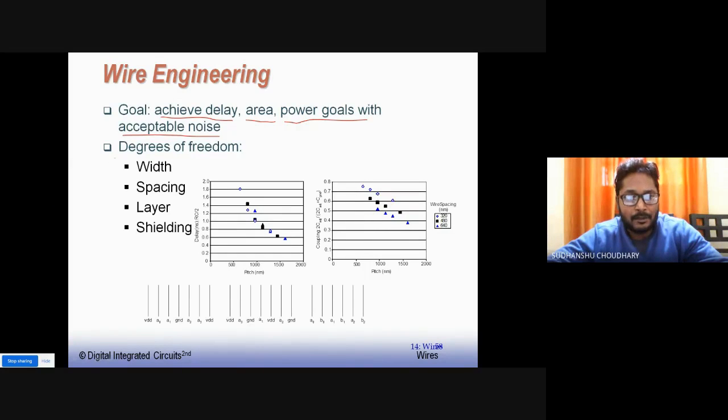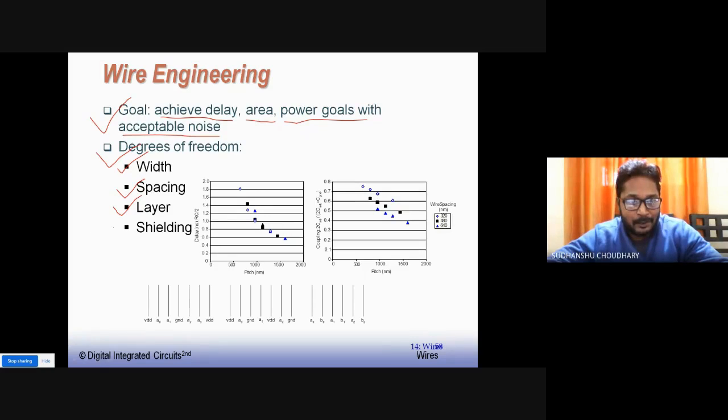Then the degrees of freedom that are in the hands of the designer, that is, what designers can do to achieve these goals. Designers can play with the width of the wire and the spacing between the wires, and they are permitted to play with the layers, that is, the metal layer process, maybe a 5 metal layer or 6 metal layer process.